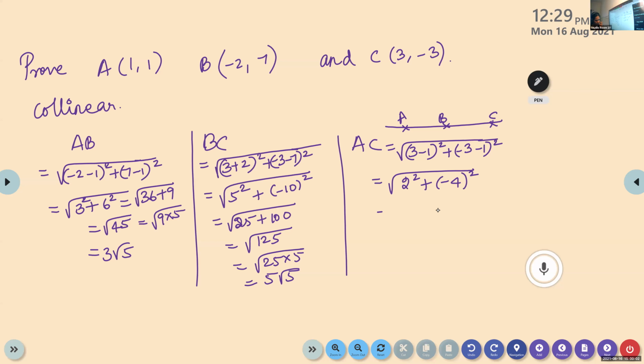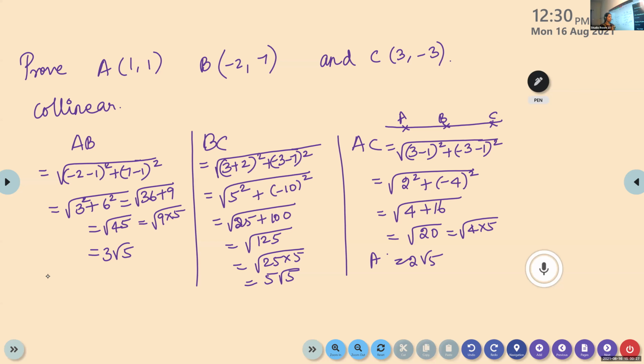So we'll get root 20. Root 20, how can we write it? It is 4 into 5. So we can write this as 2 root 5. So AC is 2 root 5, BC is 5 root 5, AB is 3 root 5.